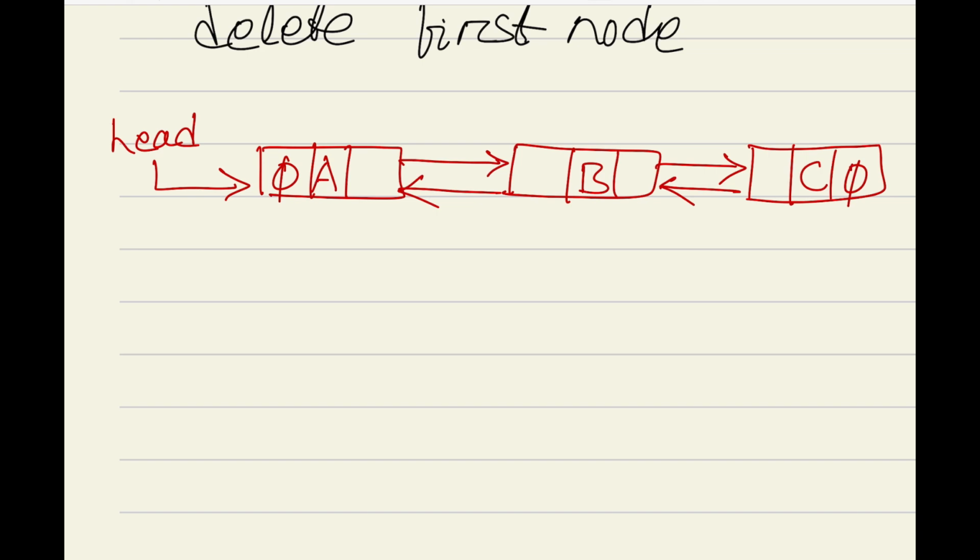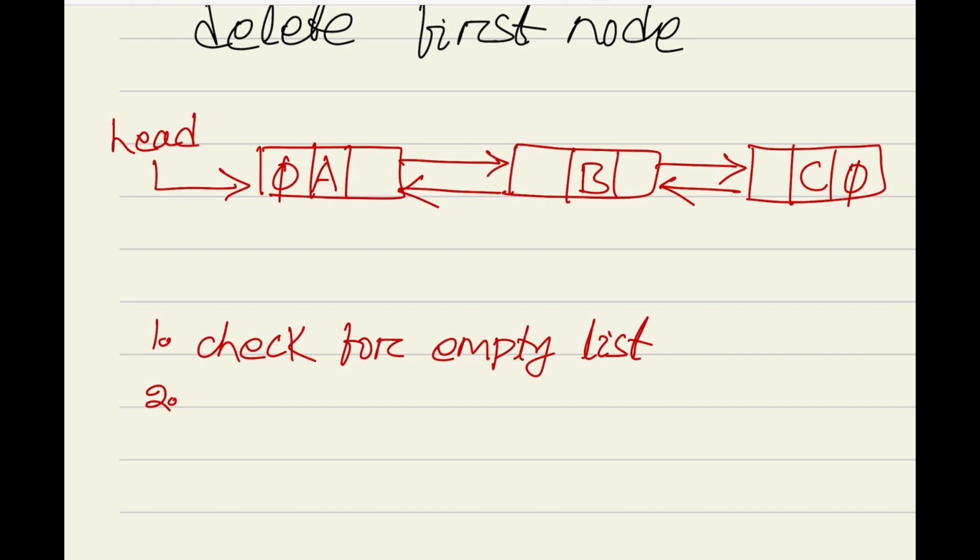So, in the first step, what we are going to do? Check whether the list is empty or not. If the list is empty, then we cannot delete the node from an empty list. So, in step 1 we can write check for empty list. Then in the second step we have to update the head.